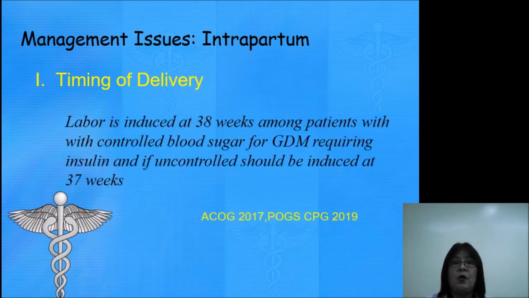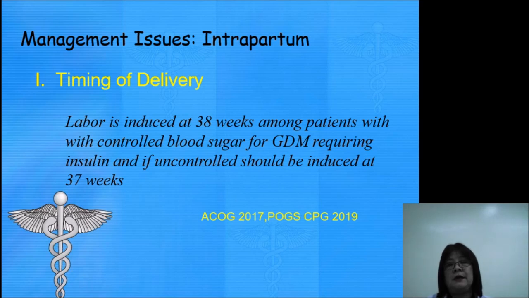For patients on insulin and with controlled blood sugar, the labor is induced at 38 weeks. If the patient is on insulin, but the blood sugar is still uncontrolled, it should be induced at 37 weeks.